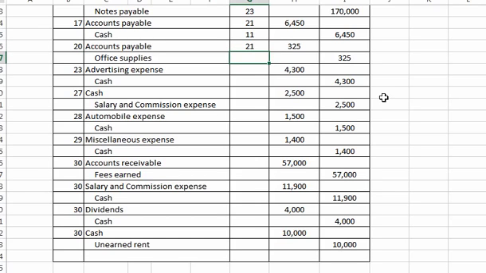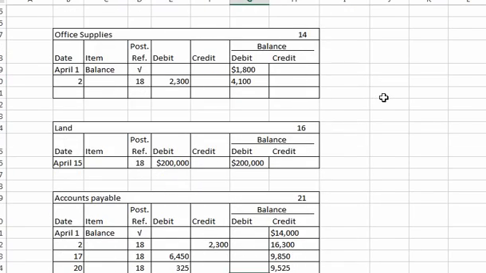Okay, we have a credit to office supplies for $325, also on the 20th. We'll put in a 20 for the date. 18 is the journal page number the transaction was entered on. It was a credit to office supplies for $325.